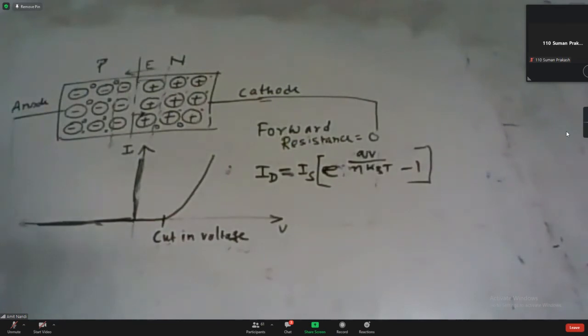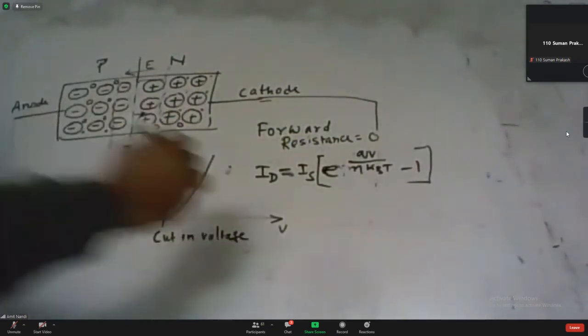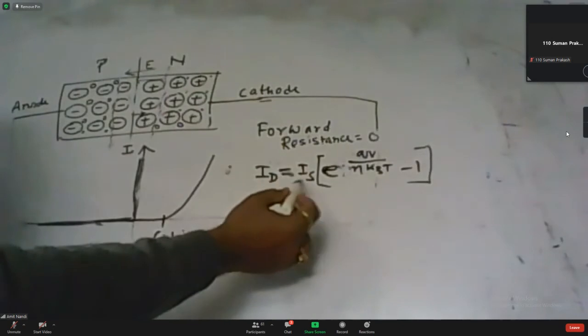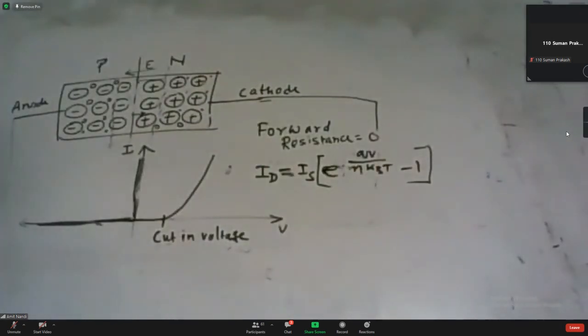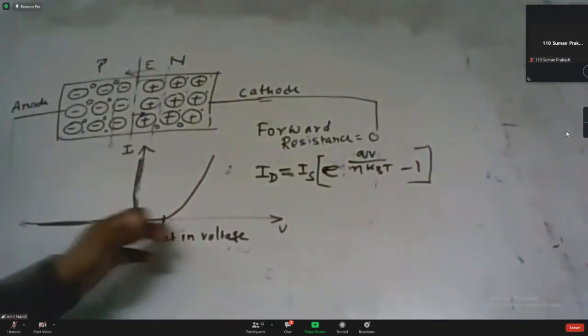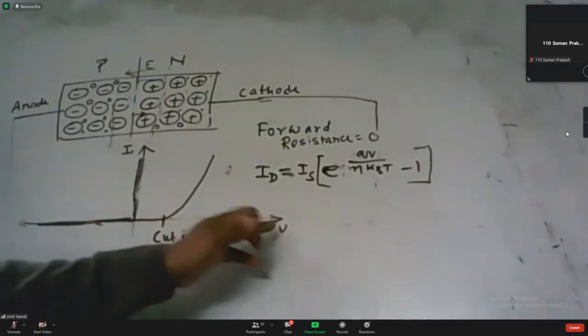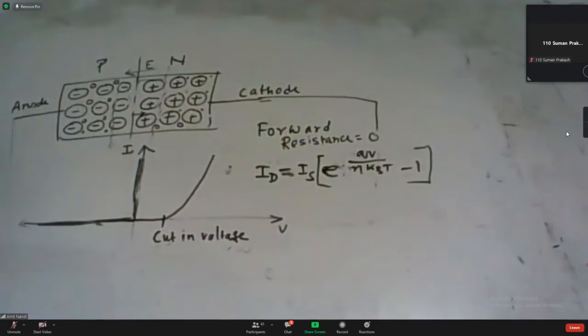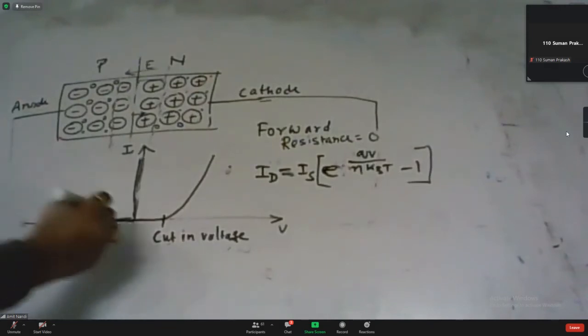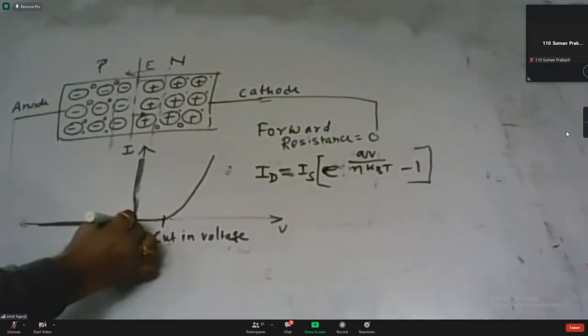If we expand this equation, then ID equals Is into exponential of this part, minus Is. Under the forward bias condition, V is positive. So if we apply some positive V, then this term will be much greater than Is. So what is Is? Is is basically called the reverse saturation current.